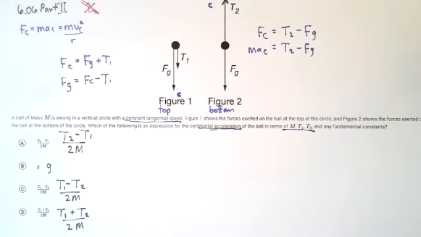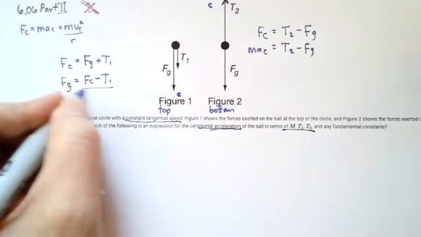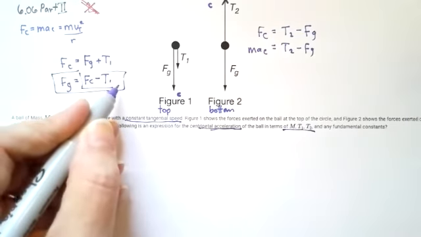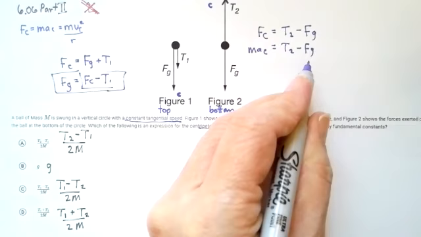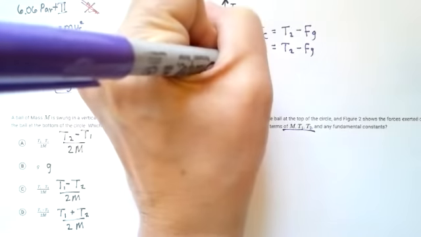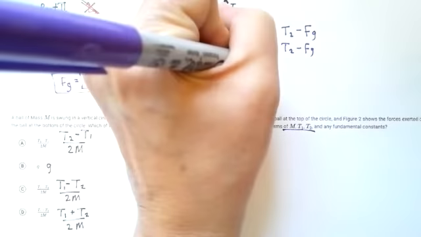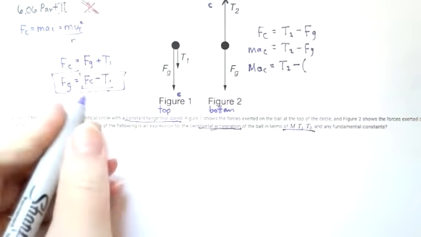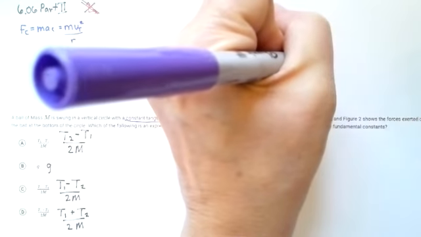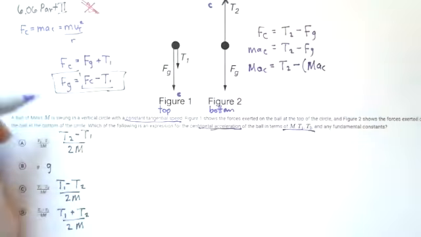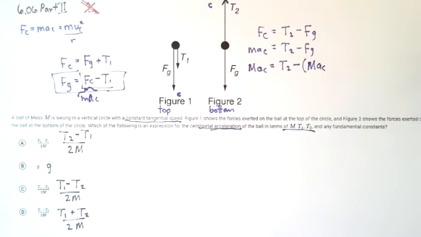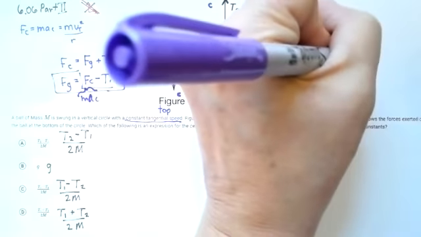So now I'm going to substitute this in for Fg. I get mass, I'm going to put that capital, times centripetal acceleration is T2 minus, this is also mass times AC. So I should have written this as mass times AC here, minus T1.